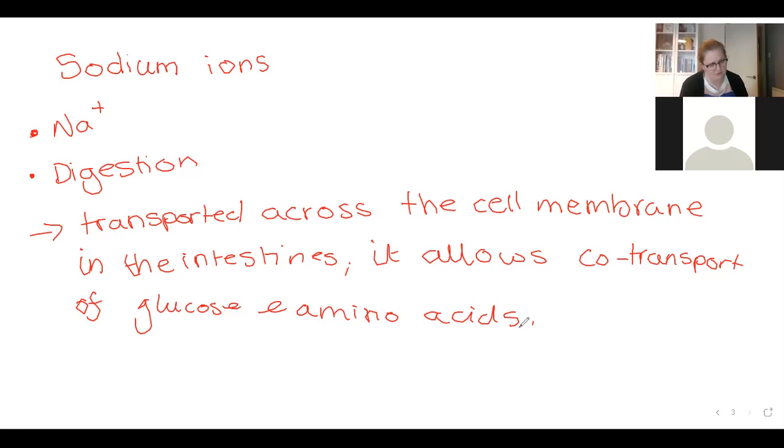Topic 5. So when we get to topic 5, it will include this bit, all about these co-transports of glucose and amino acids. So basically sodium, again, controls lots of these pumps that move things in and out.